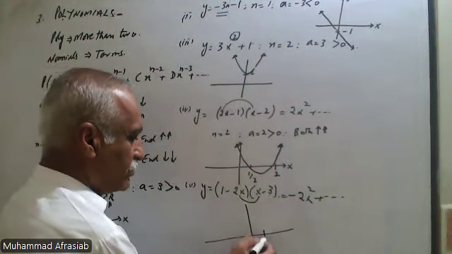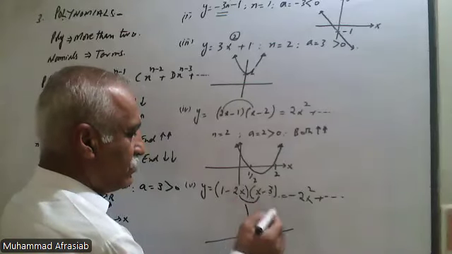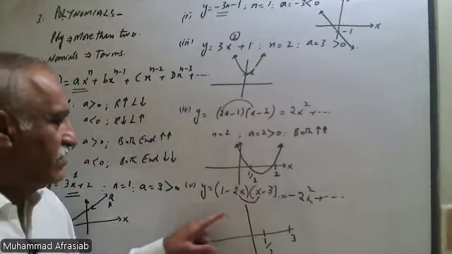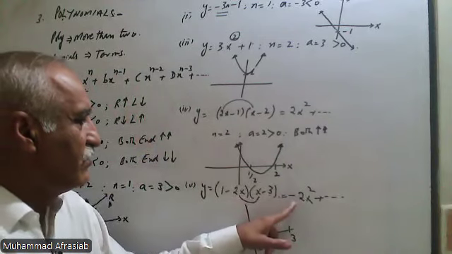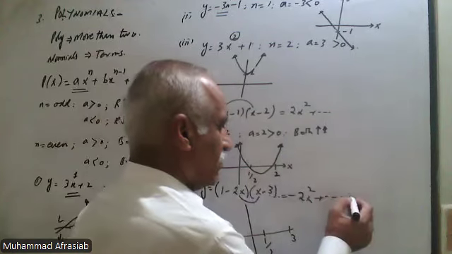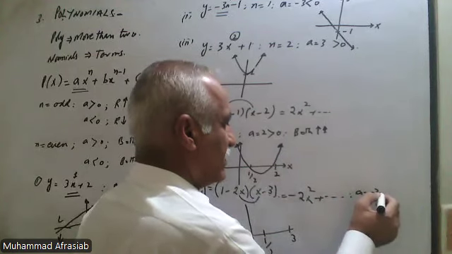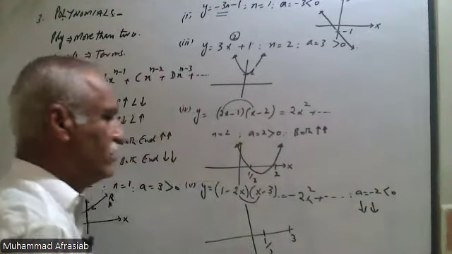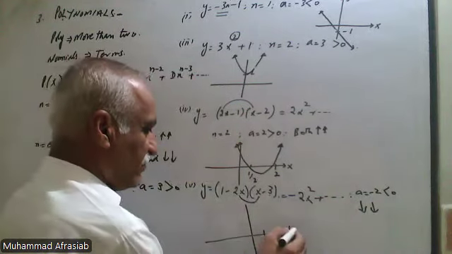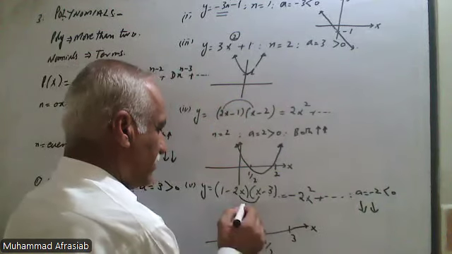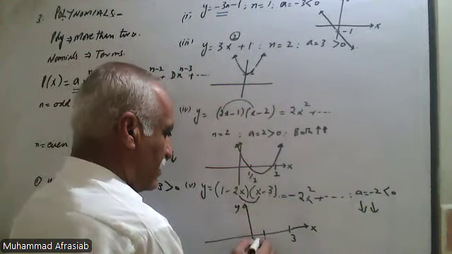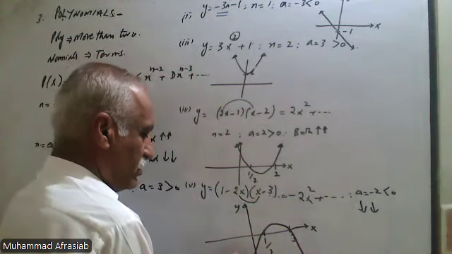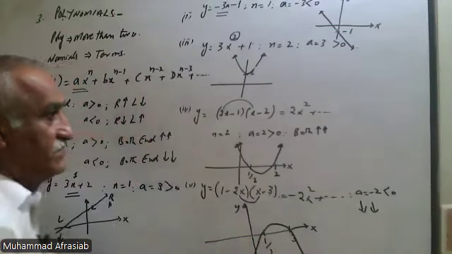If the first factor is 0, x should be equal to half, and if the second factor is 0, x should be equal to 3. The coefficient of x^2 is minus 2, where a is equal to minus 2, which is less than 0. So both ends of this graph will be downward. So if this is the x-axis and this one is the y-axis, then the graph would be like this, because both ends are shown downward in this graph.